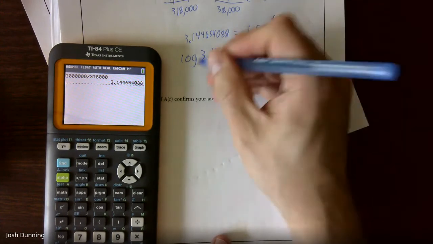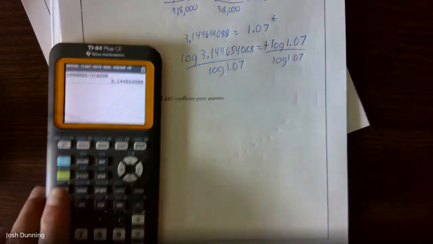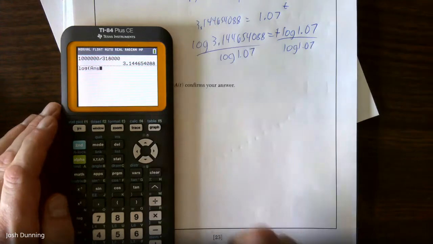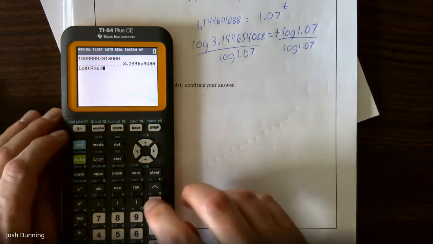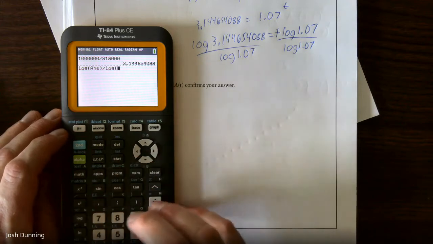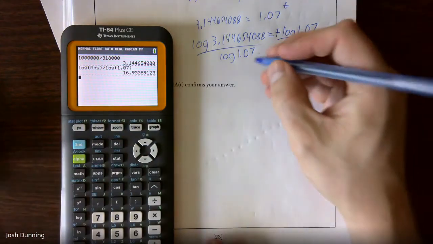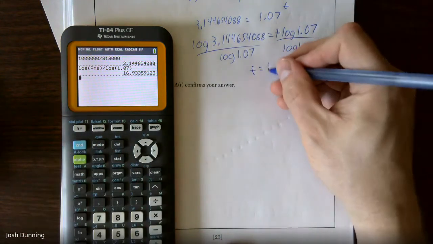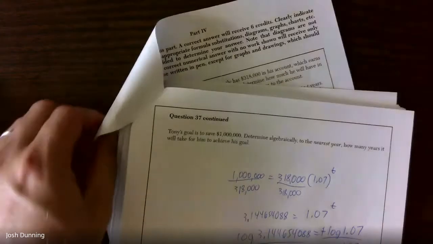Divide by the log of 1.07. Now watch. I have to type this out again. Log, second answer. Take that last answer. Close it. Divide by log 1.07. What's it say? To the nearest year? 17 years. Explain how your graph confirms the answer.